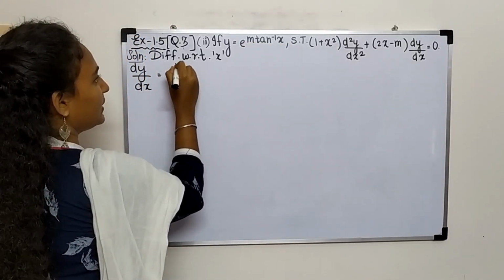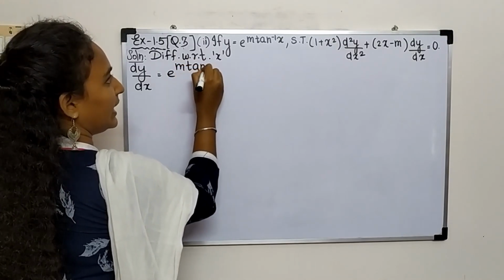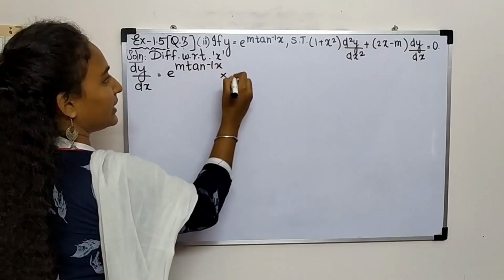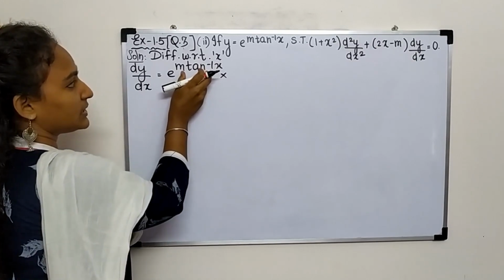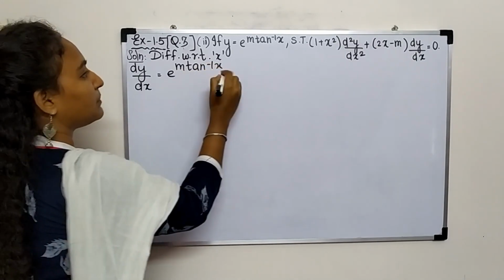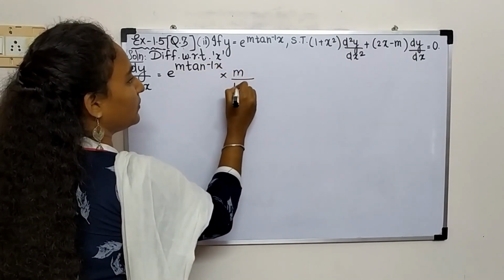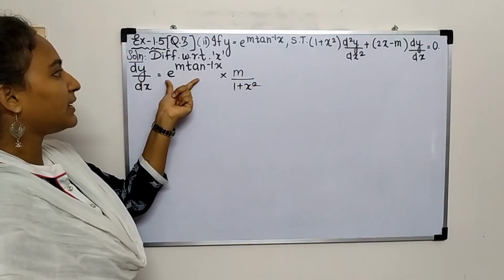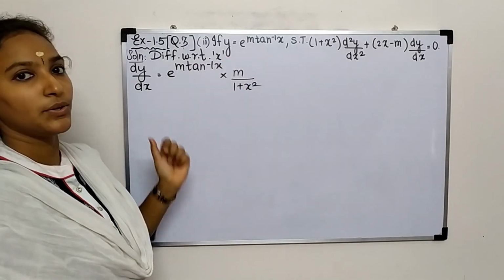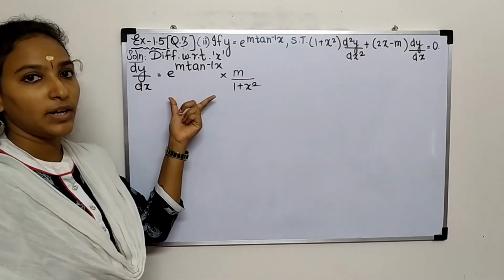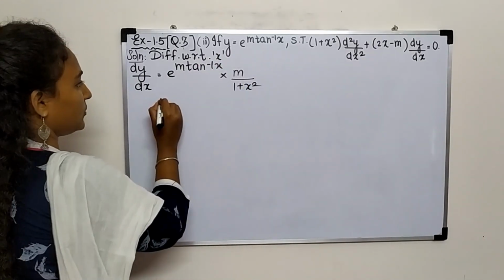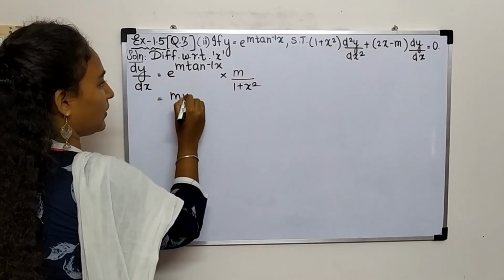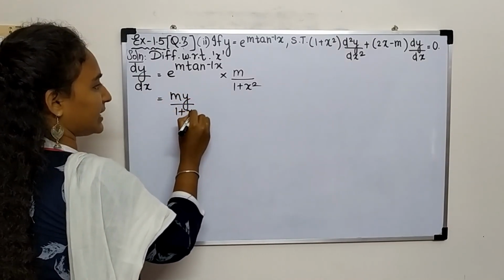So this is e power m tan inverse x multiplied with the derivative of m into tan inverse x, which will be m upon 1 plus x square. Now in place of e power m tan inverse x we can substitute y for easy calculation. So this is equal to my upon 1 plus x square.